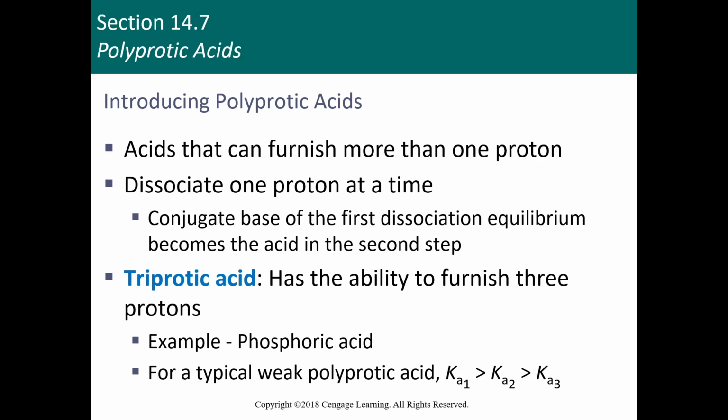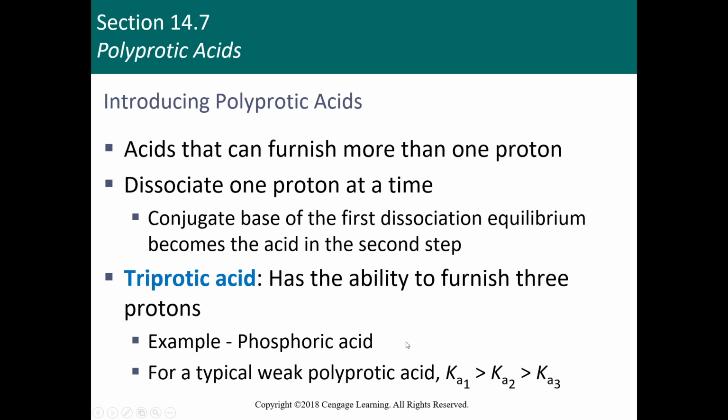So, triprotic acid. This has the ability to furnish 3 protons. That's where the tri comes from. Phosphoric acid is probably the best example, and kind of a great example because this is a common preservative they use in a lot of drinks. So, for the typical weak polyprotic acid, and really for any polyprotic acid, I've never seen one where this is not true actually.